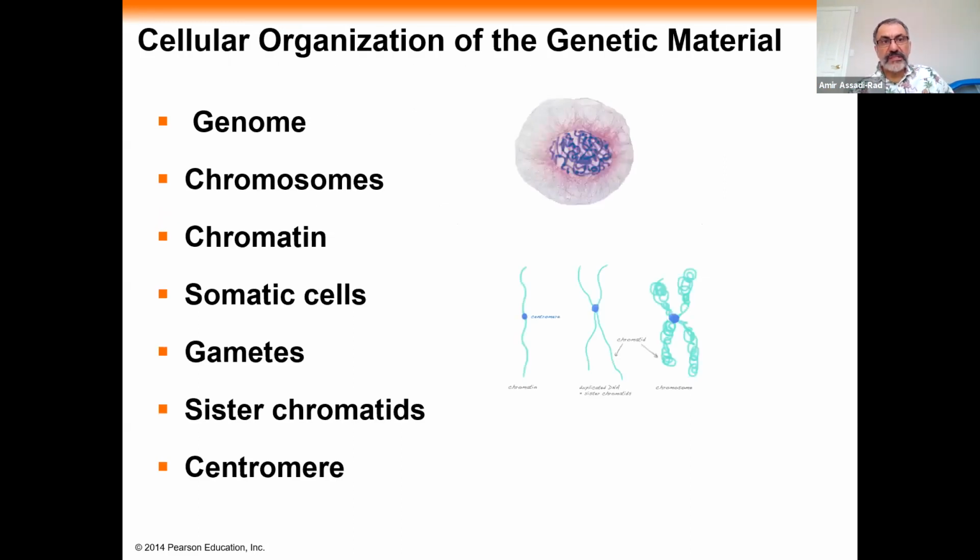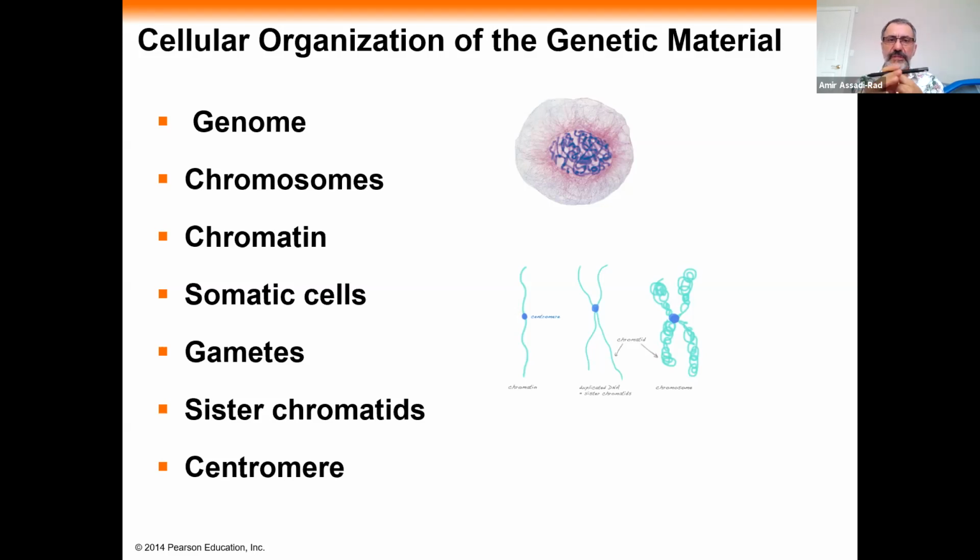But anyhow, these are some of the terminologies I would like you to know. I put them up here for you guys. So, cellular organization of genetic material, genome. If you have a strand of DNA like this, that segment is a gene. The other segment is another gene. The other segment is another gene.